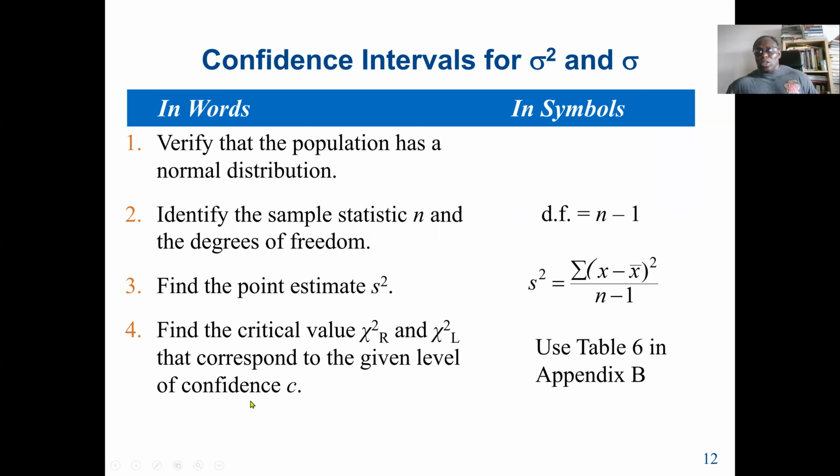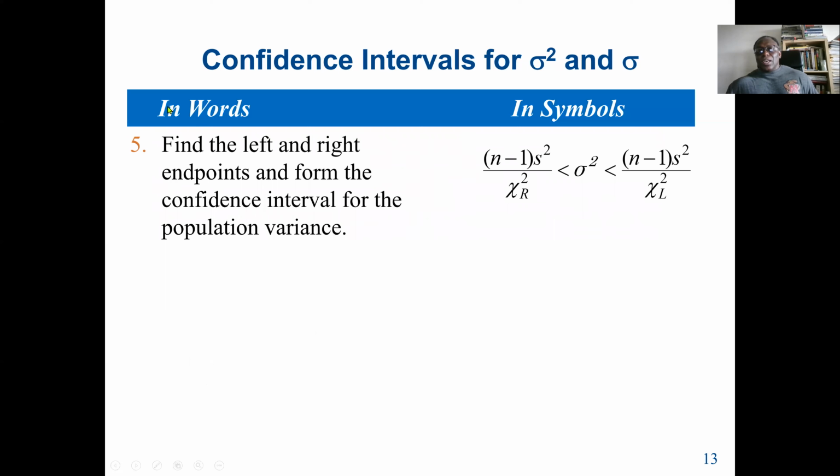In the question, they will give us the confidence either 90%, or it can be 95%, etc. Then use the table. Again, table 6 here means use the chi-square table. Then after that, we find the left and also the right endpoints. Then we form the confidence interval for the population variance.